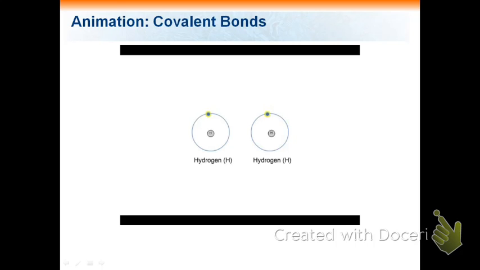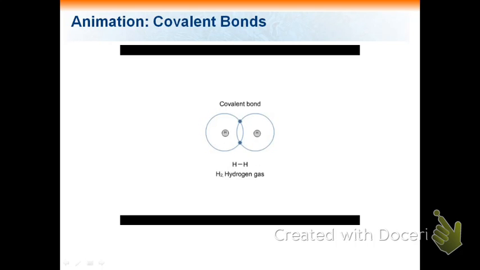If the 2 hydrogen atoms share electrons, they can both complete their outer shell. The shared pair of electrons constitutes a covalent bond, shown in shorthand as a line. The covalently bonded hydrogen atoms form a molecule of hydrogen gas. A molecule is defined as 2 or more atoms held together by covalent bonds.